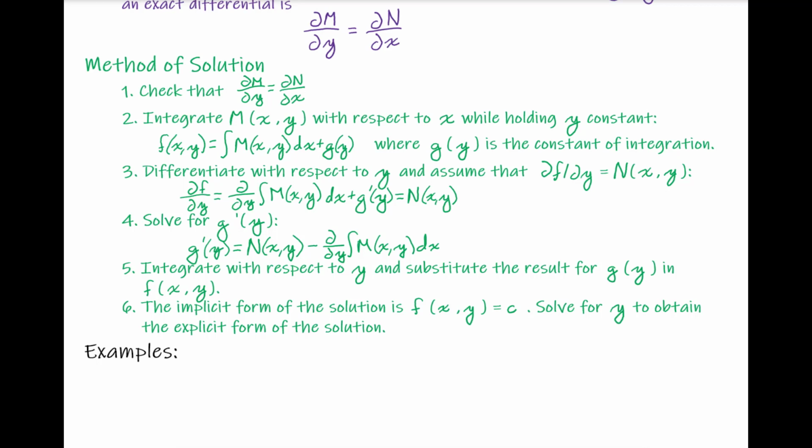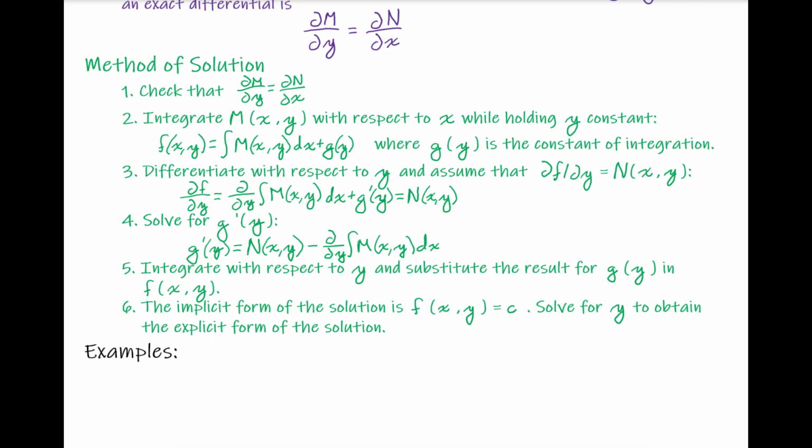The next step that we're going to take is working towards finding what g of y actually is. What is that constant of integration? We want to solve for it. So to do that, we're going to differentiate with respect to y, and we're going to assume that the partial derivative of f with respect to y is equal to N of x, y.